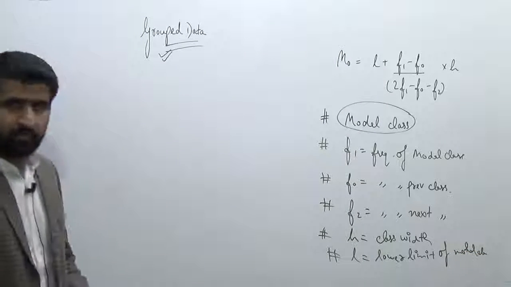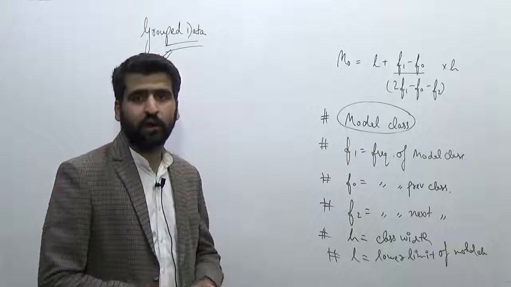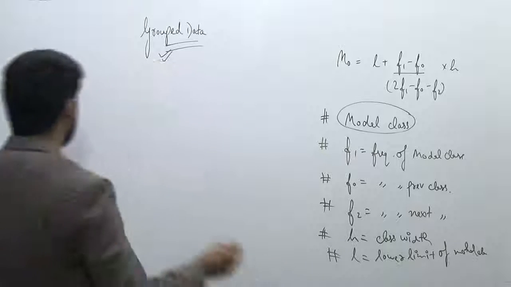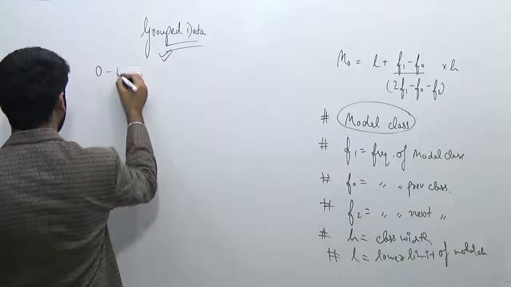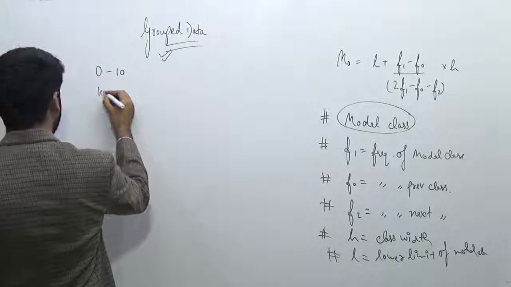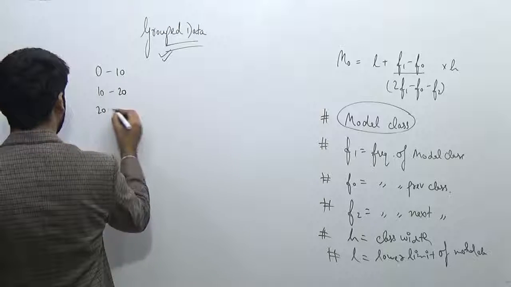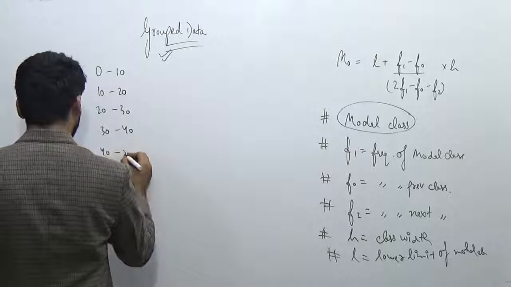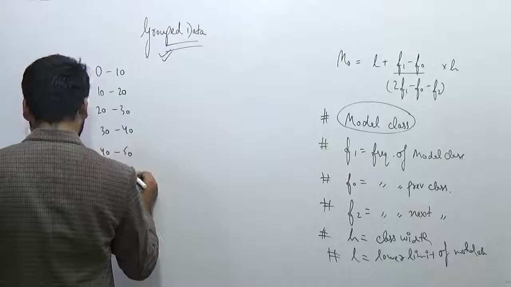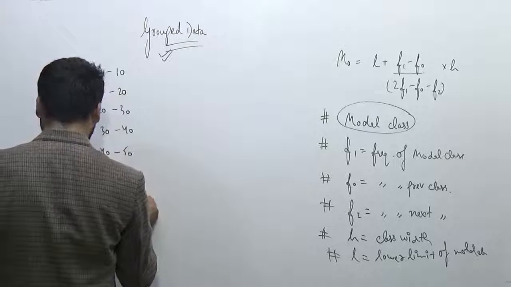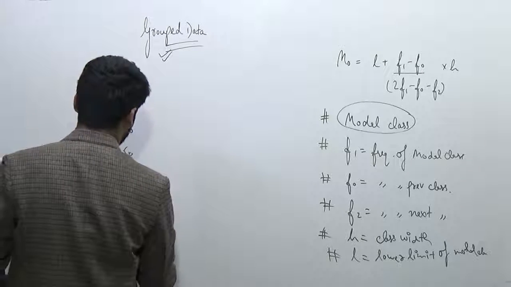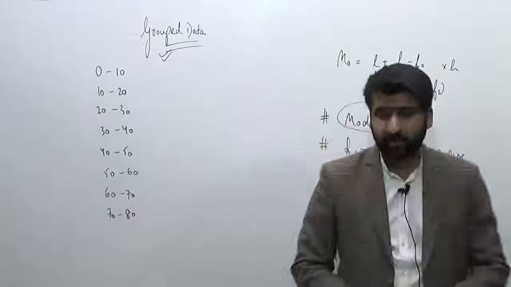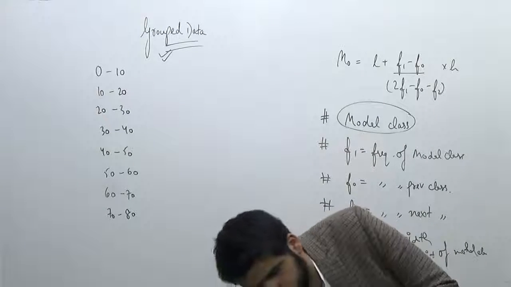So let's try a question and learn how to calculate the mode of group data. Now the question is, the class intervals are given: 0 to 10, 10 to 20, 20 to 30, 30 to 40, 40 to 50, 50 to 60, 60 to 70, 70 to 80. I'm just going to pick up another marker.